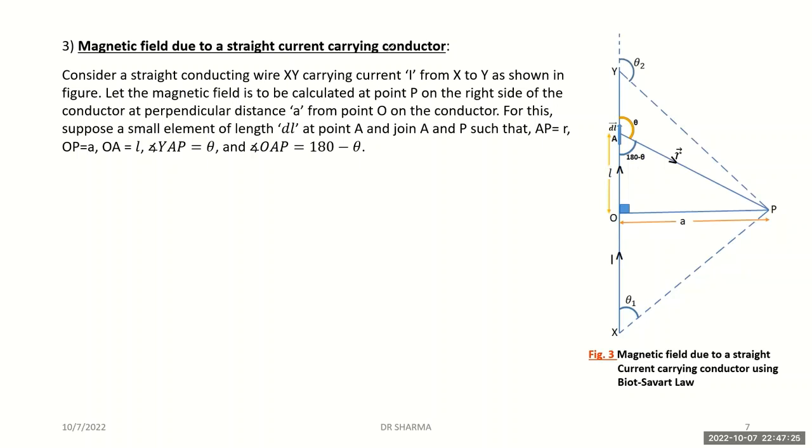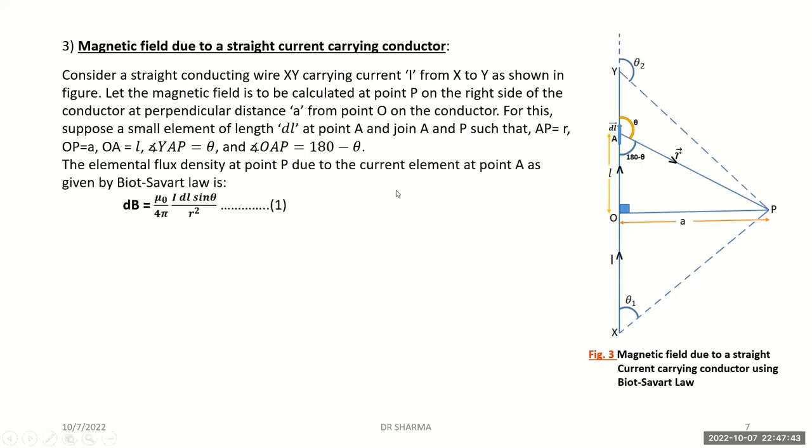The magnetic field at point P, actually the elemental flux density at point P due to the current element of length dl at point A, is given by Biot-Savart law as, as you know, mu naught by 4 pi I dl sin theta upon R square.